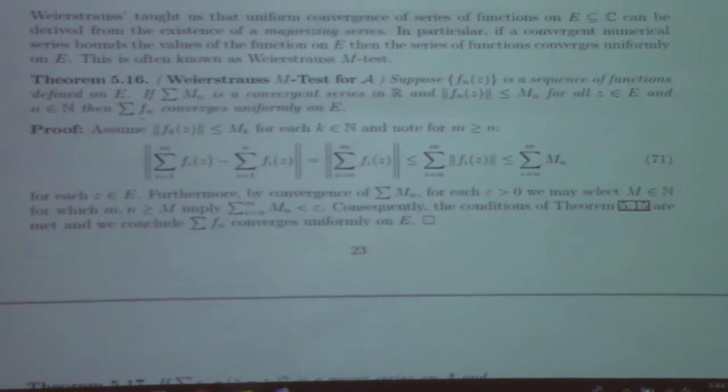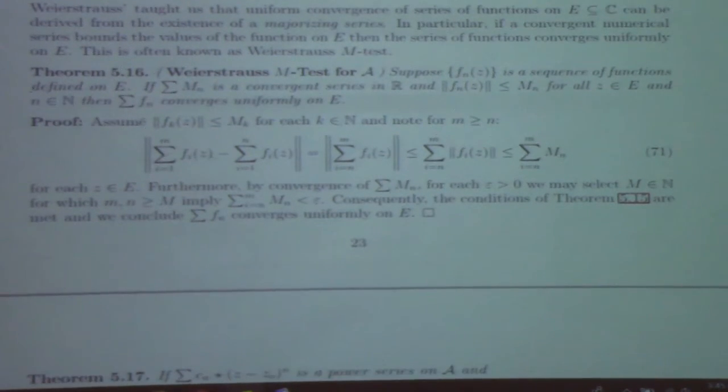This is wonderful. This means if you can dominate a sequence of functions with a real series which converges, then you're good to go in terms of uniform convergence.